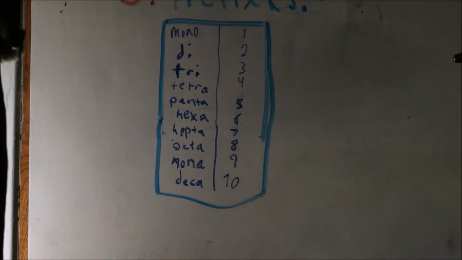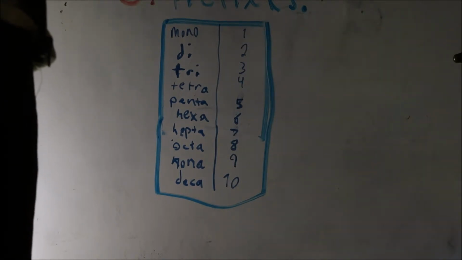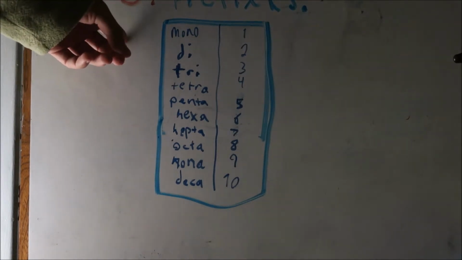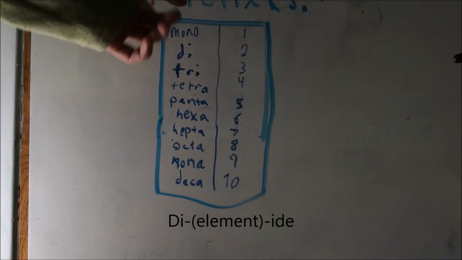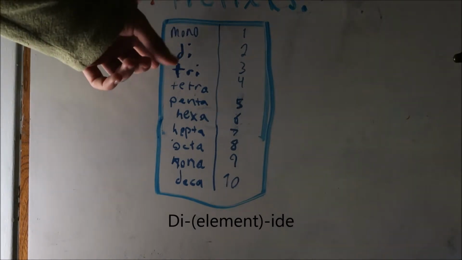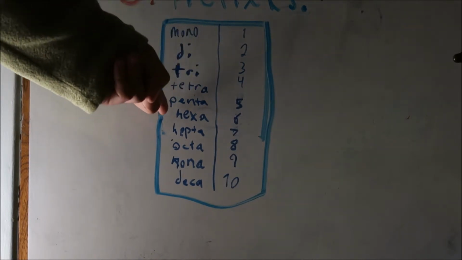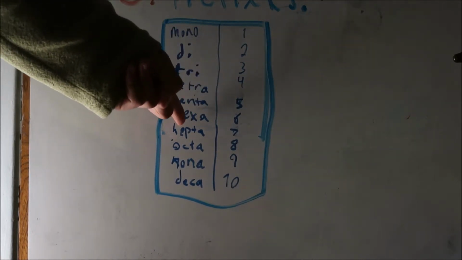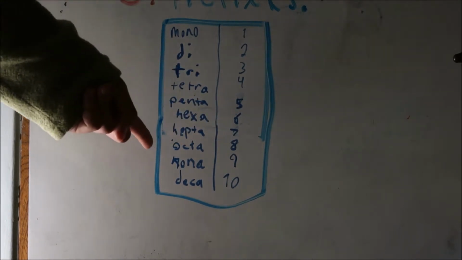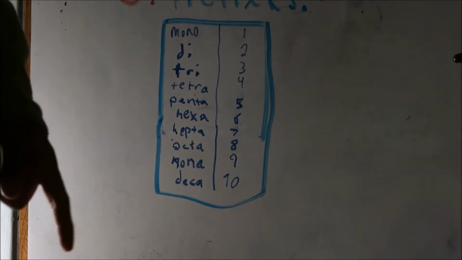So if there are two atoms in a molecule, then it would be di, insert name, IDE. So 3 would be tri, 4 would be tetra, 5 would be penta, 6 would be hexa, 7 would be hepta, 8 would be octa, 9 would be nona, and 10 would be deca.